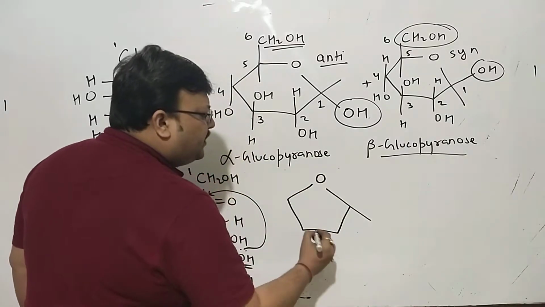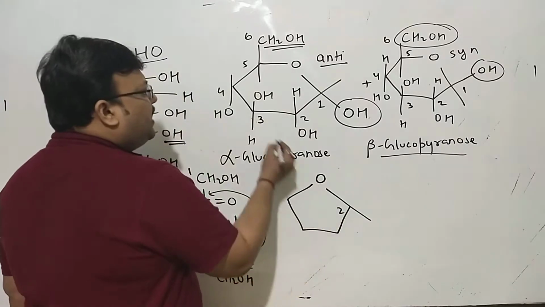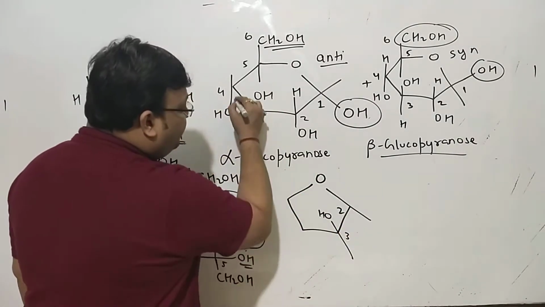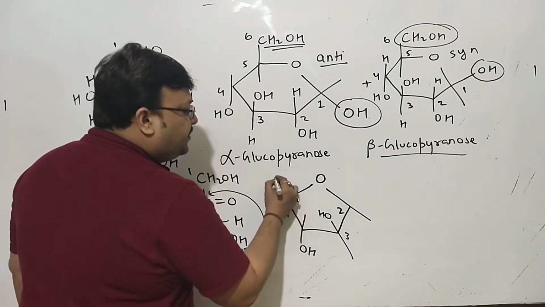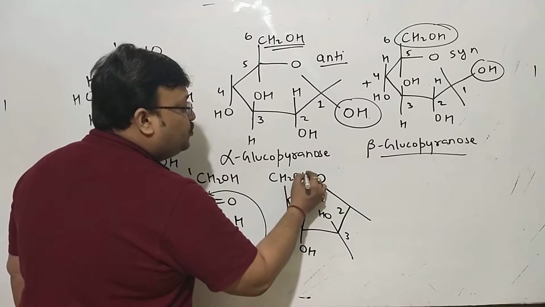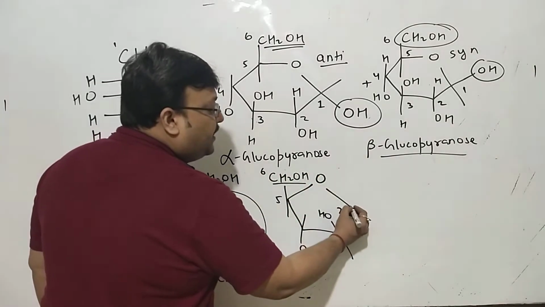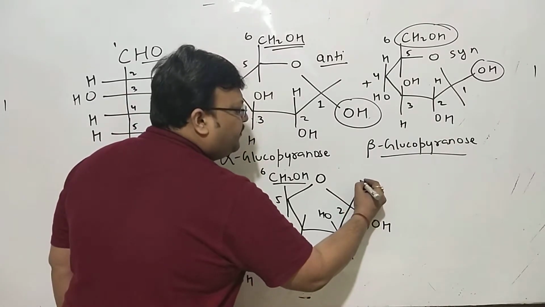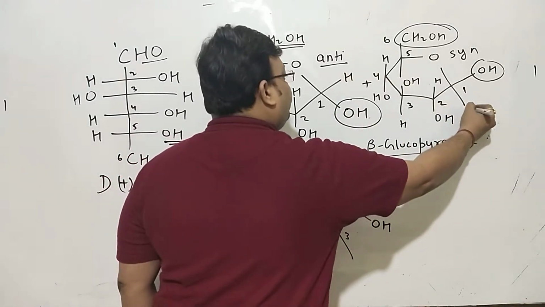The only difference, I repeat, will be this time carbon 2 will be anomeric, carbon 3 up. So this will be carbon 3 up, carbon 4 down. I'm talking about OH, and carbon 5, this CH2OH, which is carbon 6, will again be the benchmark. This time at carbon 2, if this OH is below, the only difference again would be you will have carbon 1 as CH2OH, you had hydrogen here.